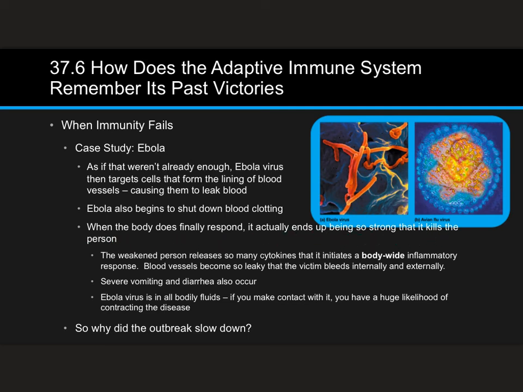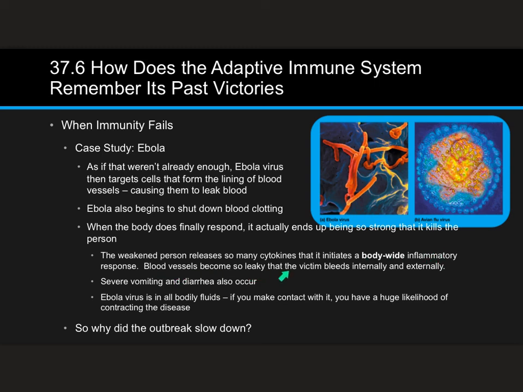And this is actually what ends up finally killing people, is when your body finally does have the ability to respond, it ends up being so strong that it kills the person. The immune response, when it's able to do it, actually kills you. The weakened person releases so many cytokines at once, once everything finally catches up. And remember, cytokines help soften up tissue, and basically create a body-wide inflammatory response. So it's not just a localized thing. Imagine your entire body going through inflammation all at once.